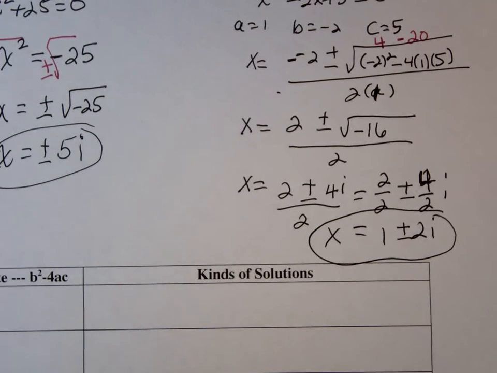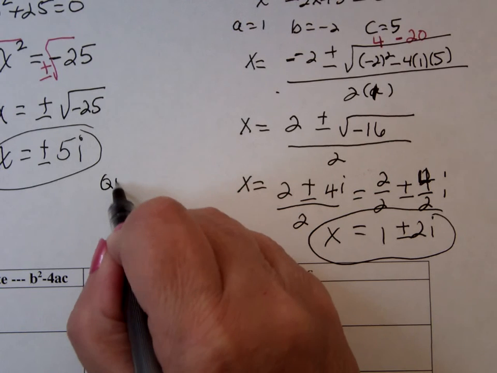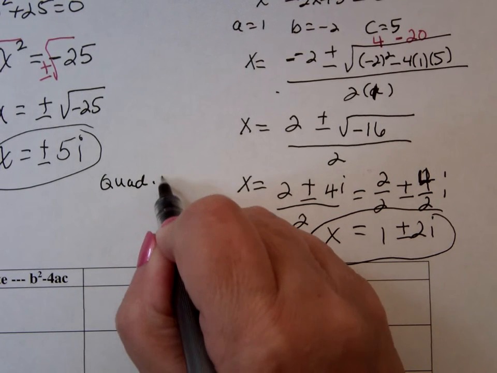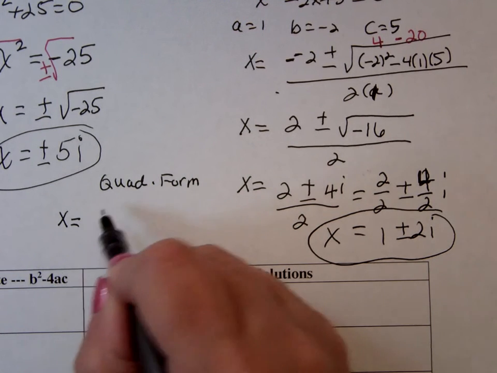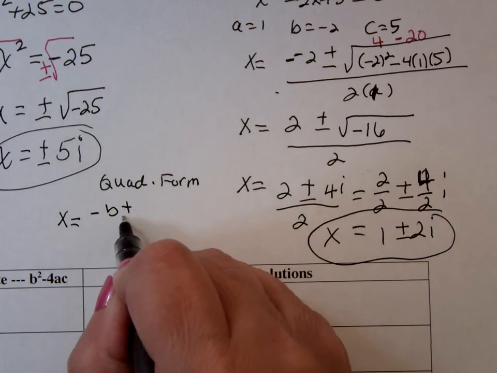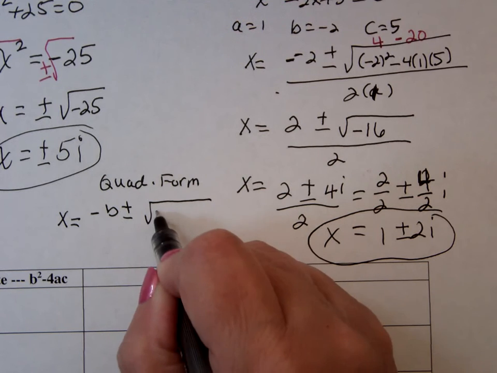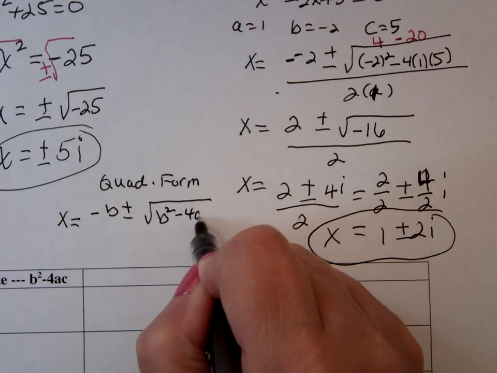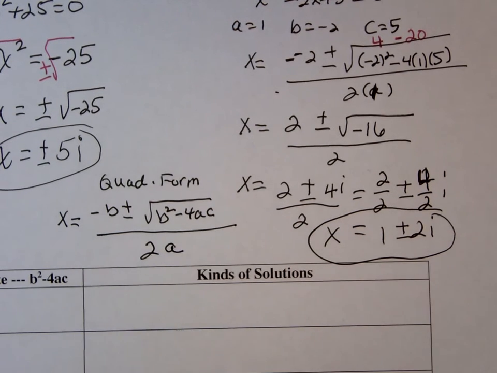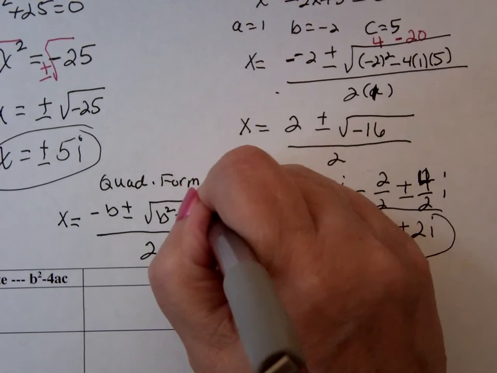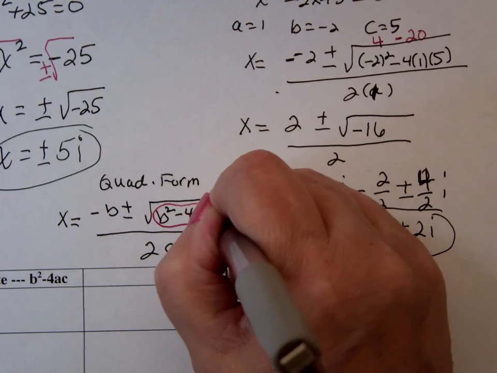So if I look at the quadratic formula, x equals minus b plus or minus the square root of b squared minus 4ac, all over 2a. This determines what kind of solutions I have.